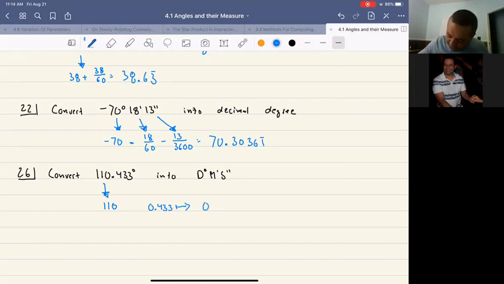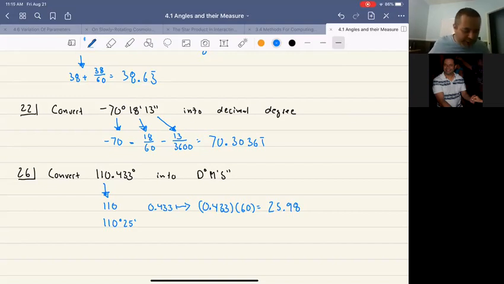We're going to multiply it by 60. Okay, so when we multiply 0.433 by 60, we get 25.98. Okay, so that means we're going to get 25 minutes. Now that 0.98 is going to convert into the seconds.